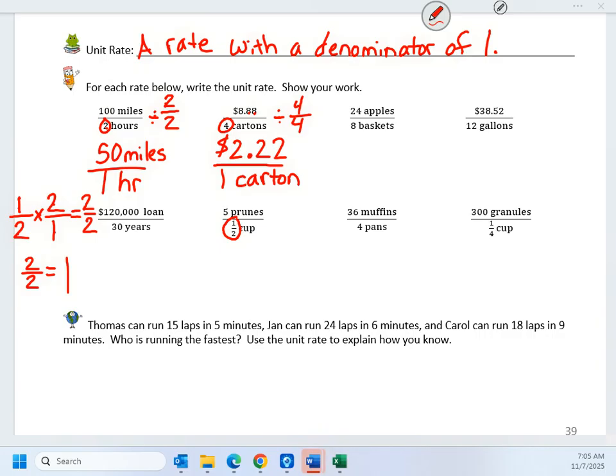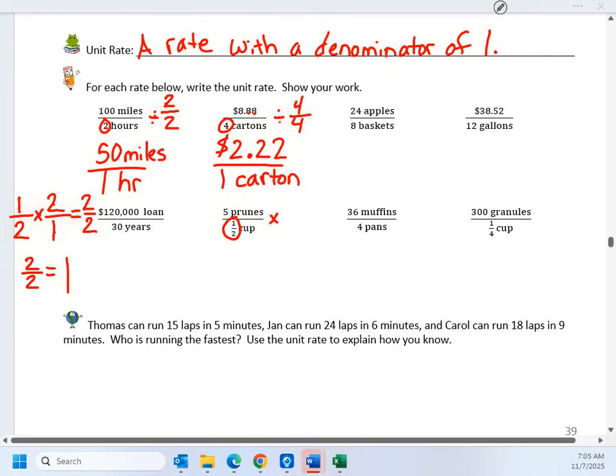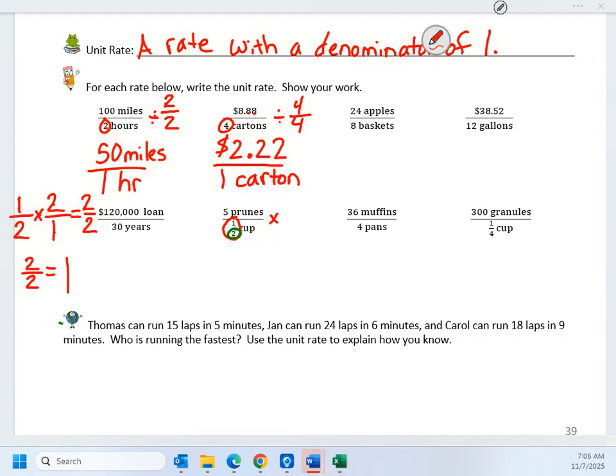So when you have a fraction on the bottom, you will multiply, and what we're going to multiply by is that denominator. So our denominator of that fraction is 2, so I'm going to multiply by 2 on the top and the bottom. Whatever I do to the bottom, I do to the top.